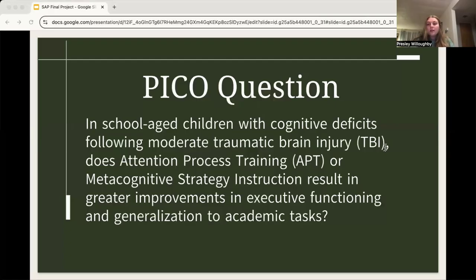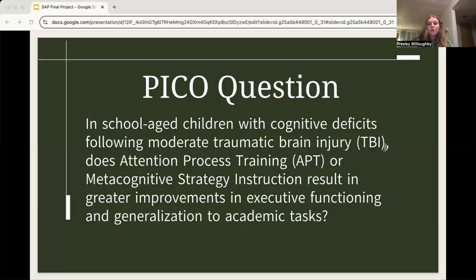So the PICO question that guided this project is, in school-age children with cognitive deficits following moderate traumatic brain injury, does attention process training, or APT, or metacognitive strategy instruction, MSI, result in greater improvements in executive functioning and generalization to academic tasks? This question was designed to directly address the core issue in this case, the student's ability to return to school successfully.